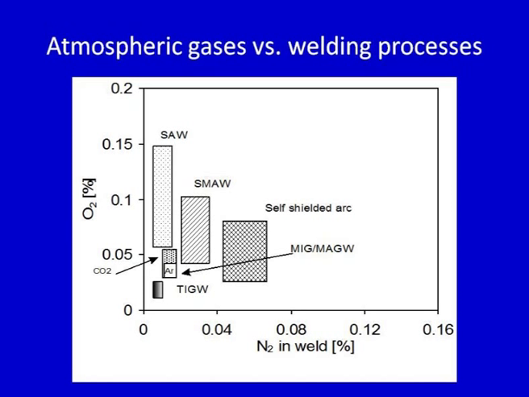In the self shielded arc welding processes, the concentration of nitrogen is significantly higher with a lower percentage of oxygen. If we talk about the gas metal inert gas welding process, then the oxygen and nitrogen content are both found to be lower than in the SAW, SMAW and self shielded arc welding processes.